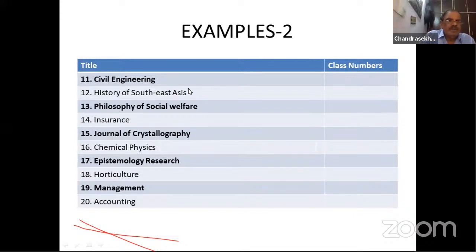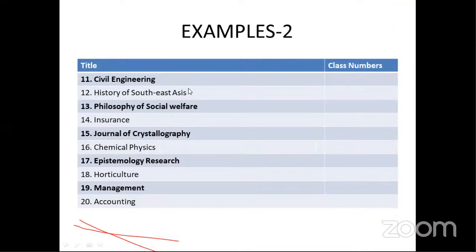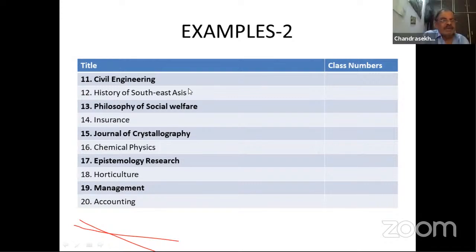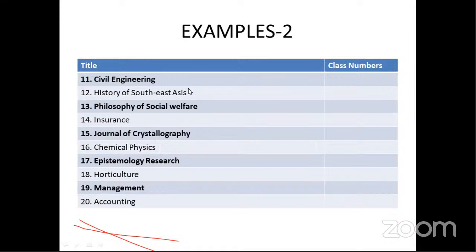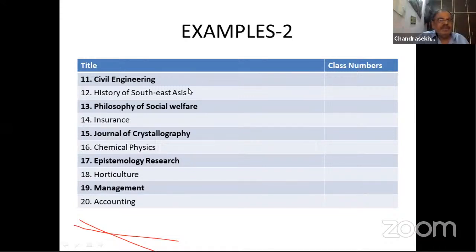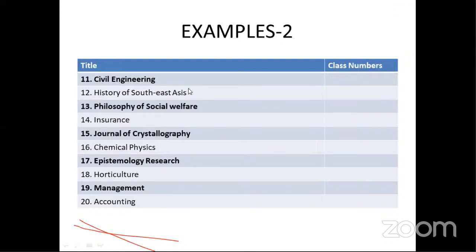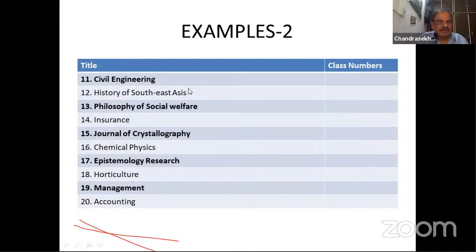Why don't we see philosophy? Because philosophy is also there, no, sir? So which subject is the main focus here, social welfare or philosophy? Philosophy is a standard subdivision. Here social welfare is the main focus subject.